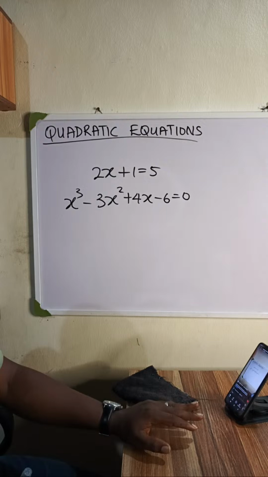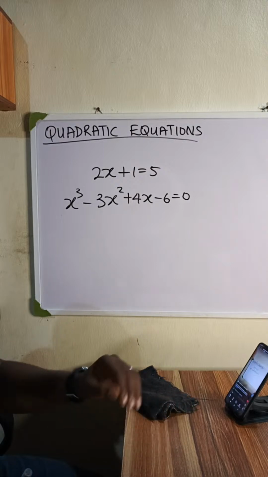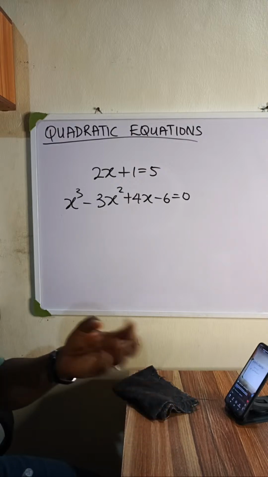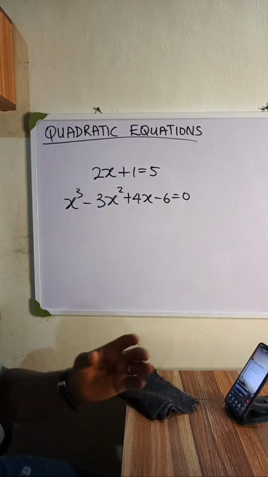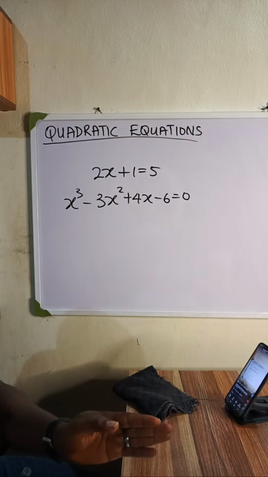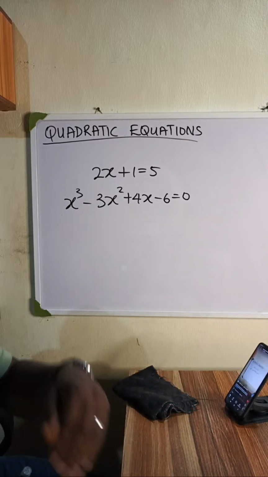For those of you that were here in our previous class, we considered some examples, and we are going to solve those same examples, but this time we are going to use the factoring method. In our previous class, we solved those examples using the formula method, so we have the answers to those questions.